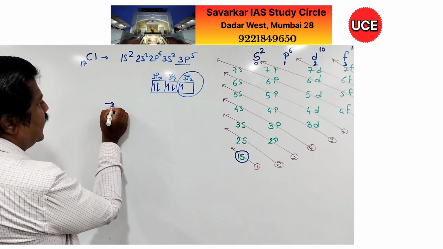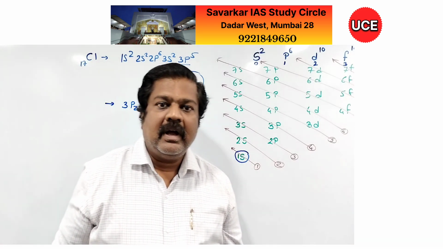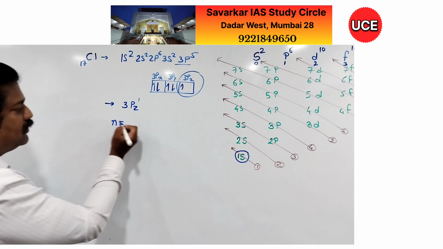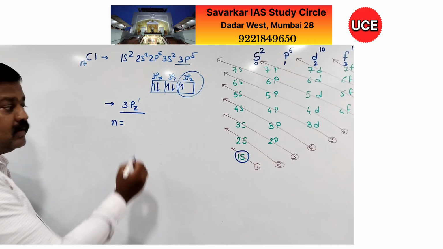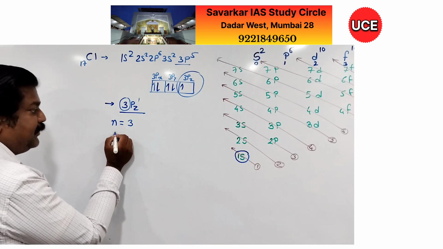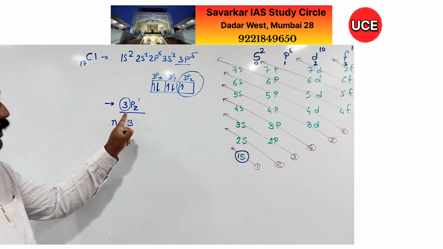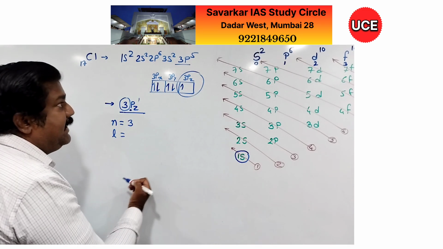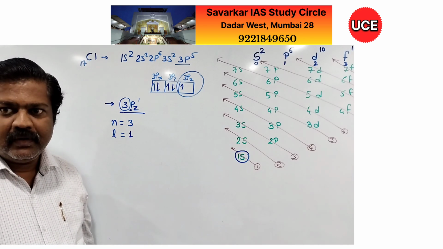So first I have determined which is the last electron, that is in 3pz. And now we are writing out, see, 3p. First I have to write down the principal quantum number. As I am talking of only this electron, the principal quantum number is 3. Azimuthal quantum number may be 0, 1, 2, but I am talking of only this one. As a result, the azimuthal quantum number of p, p means what? 1. So here l equals 1.